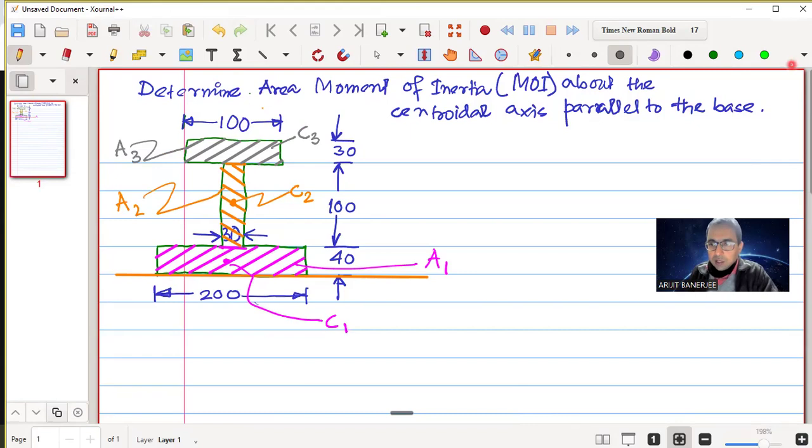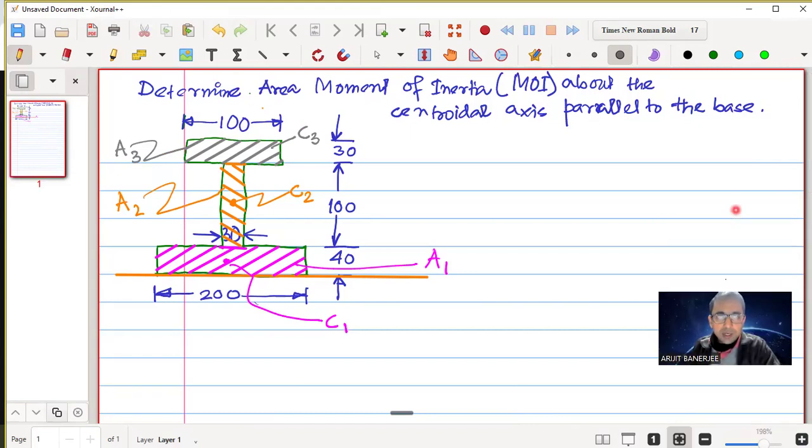Now first let us make a table so that we can write properly the values.